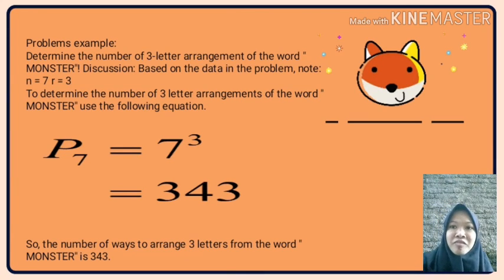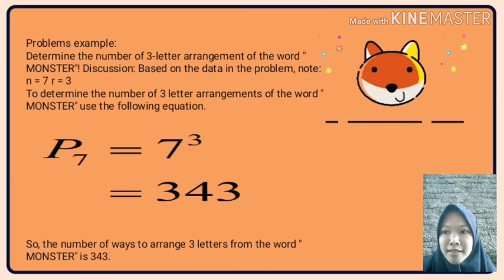Problem example. Determine the number of three-letter arrangements of the word MONSTER. Discussion based on the data in the problem. n equals 7 and r equals 3.